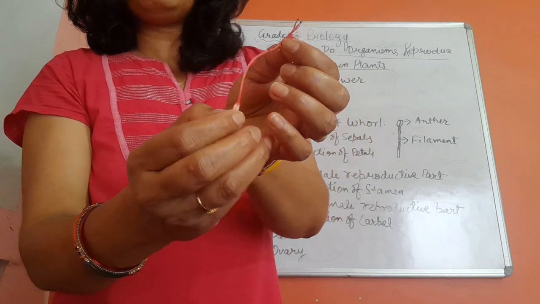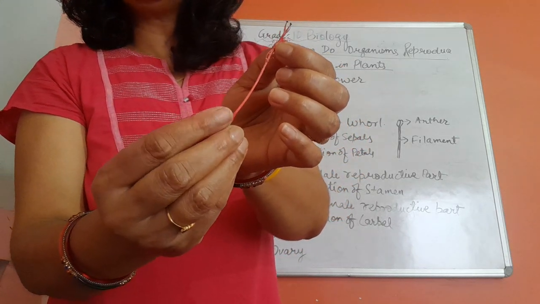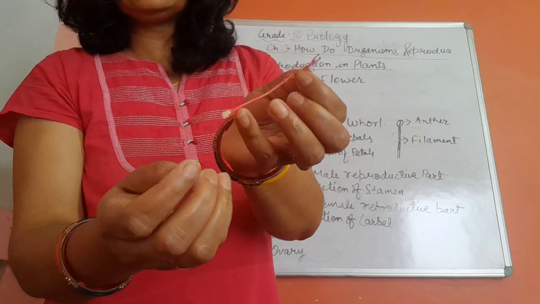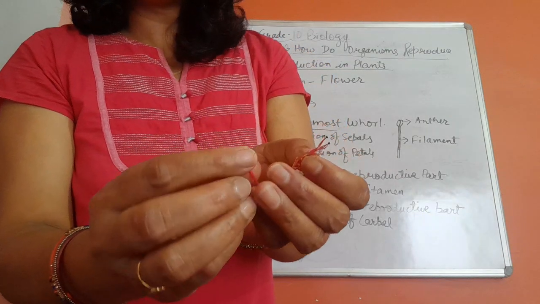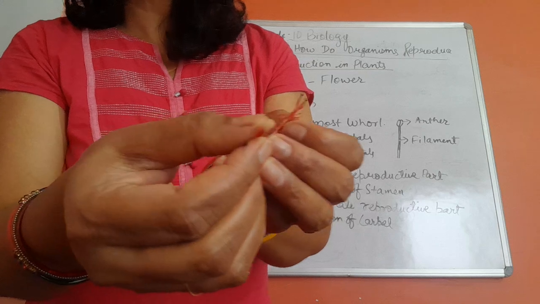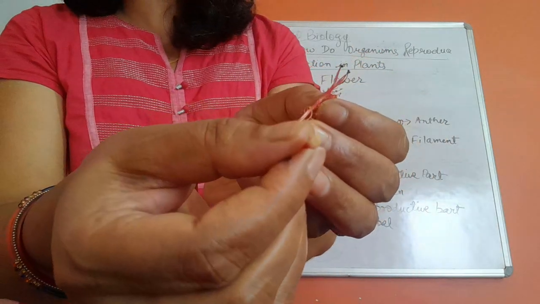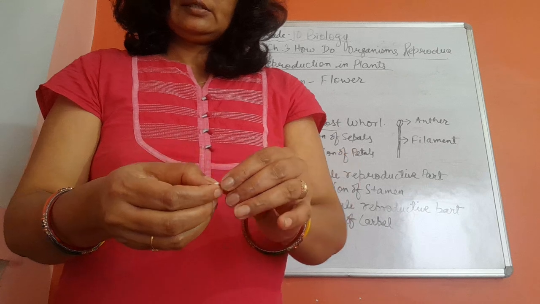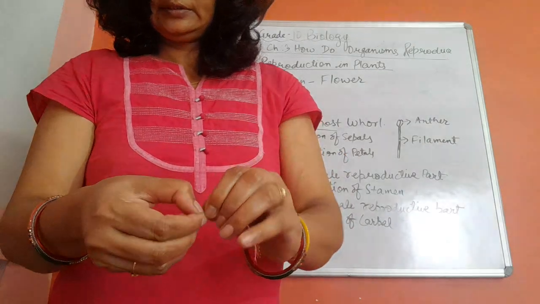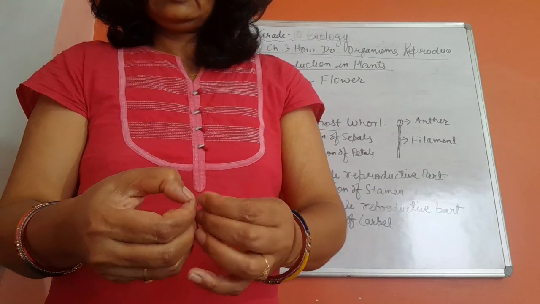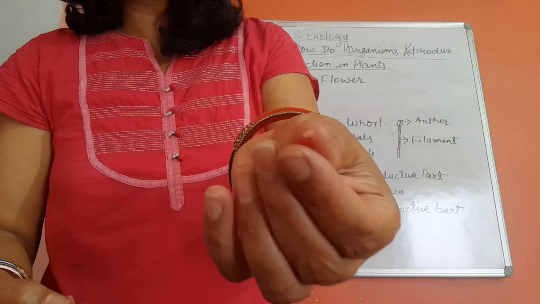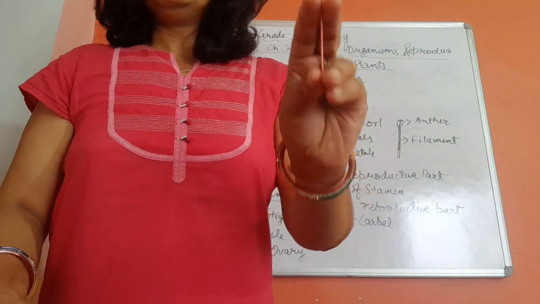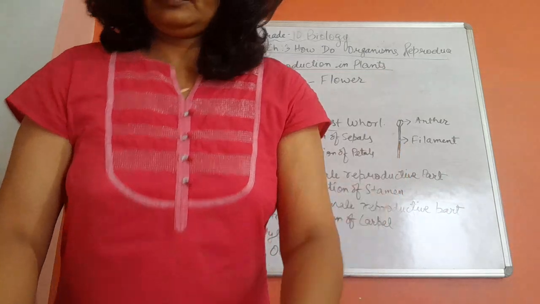And the bottommost part is called ovary, and when we cut the ovary like this, inside the ovary you can see, inside the ovaries there are ovules. Clear? Okay.